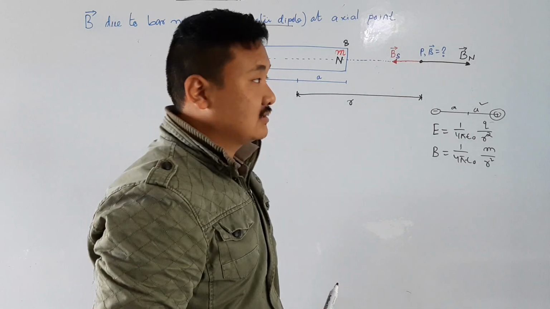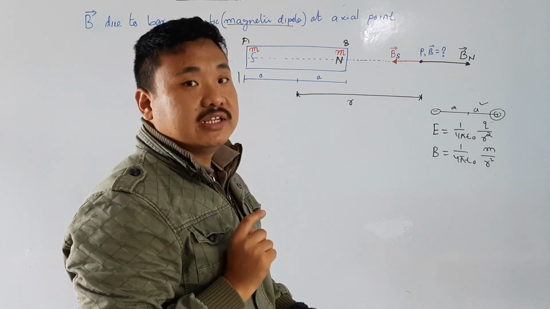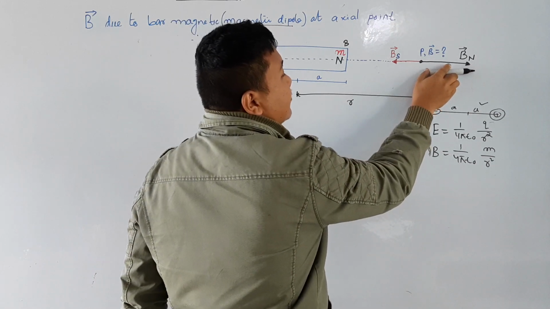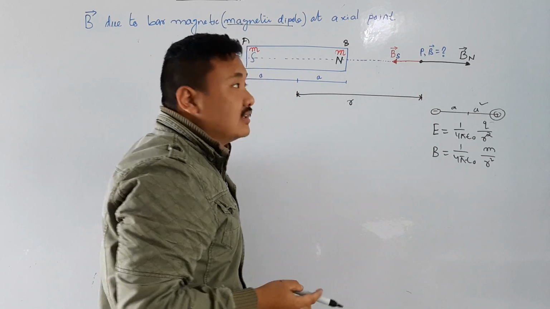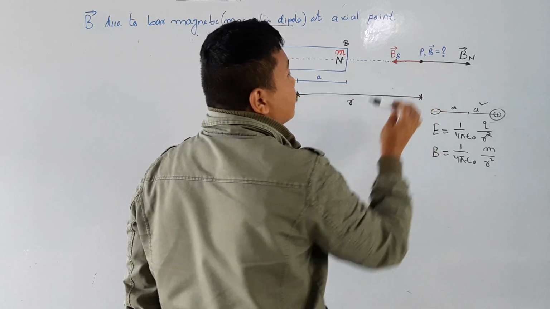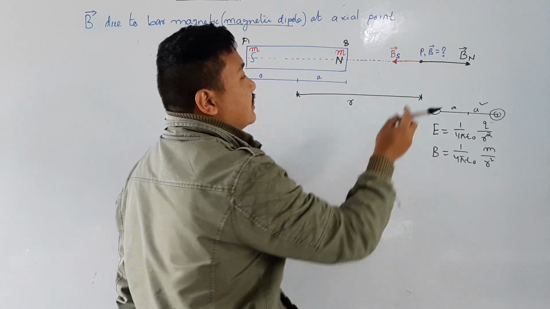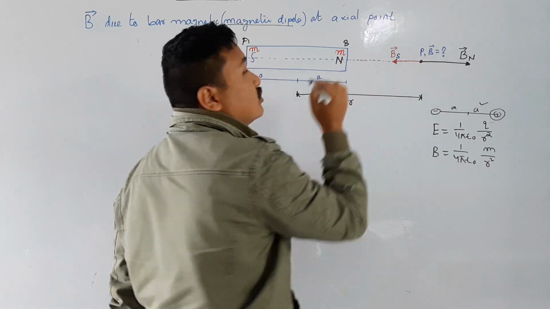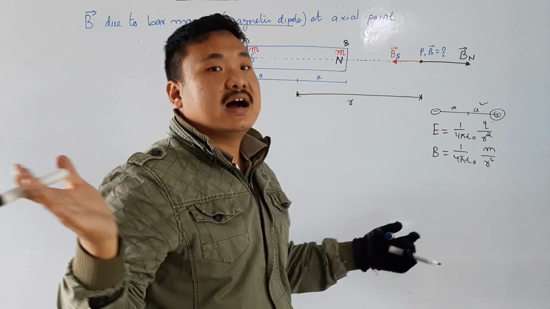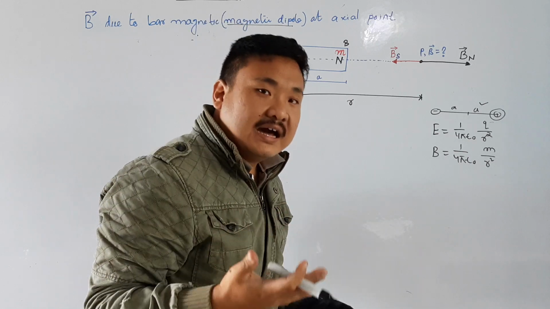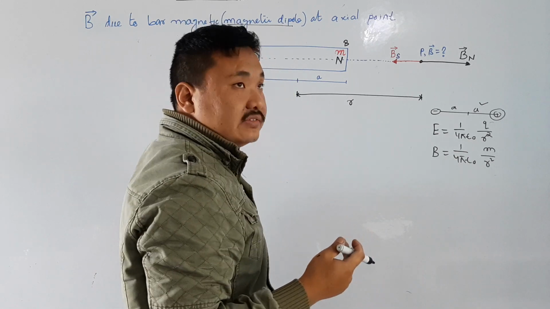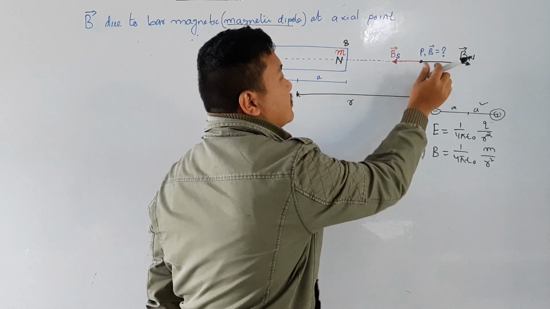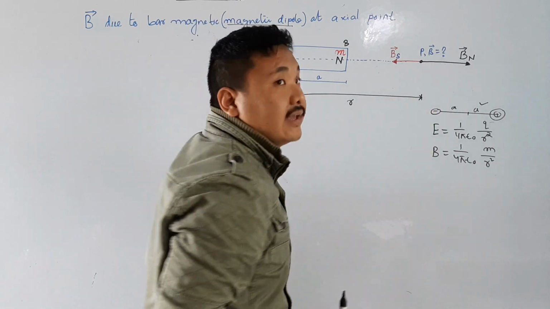So B_S. Now one more thing we need to remember is that the length of this black vector is longer than the length of this red vector. Why? Because the magnetic field at this point due to the north pole is larger than the magnetic field due to the south pole. Longer means large, shorter means small. Why?